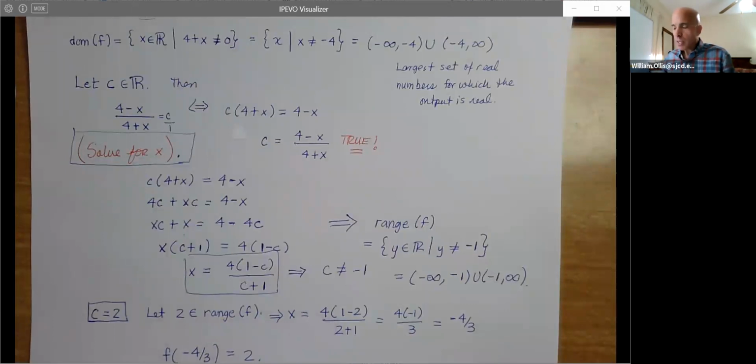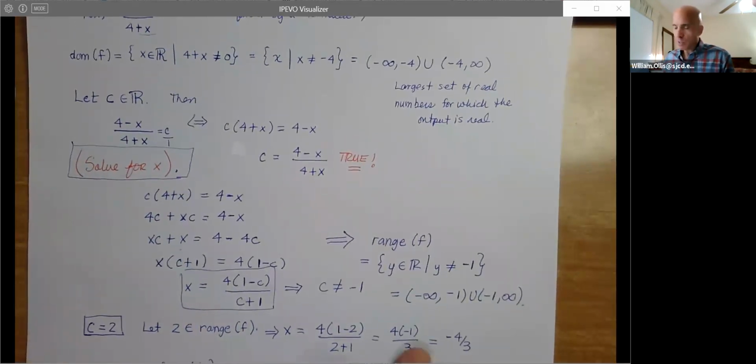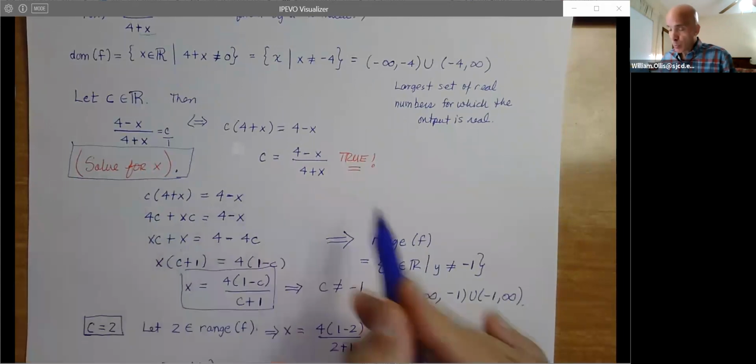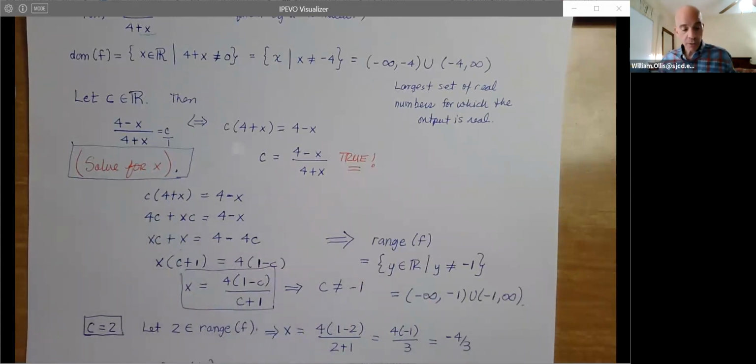So the beauty of this problem, when you do this calculation, you can predict. If I've got this formula, then you give me some element in the range and I'll tell you the input that maps into it. So I want you to be familiar that you don't have to look at a formula and just give up and say, I can't do this. The algebra will guide you to the solution.